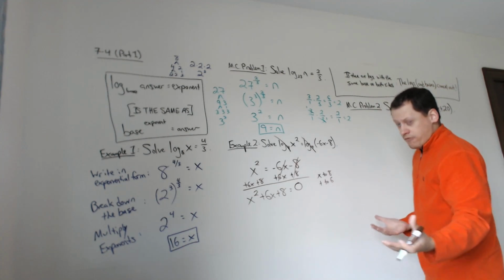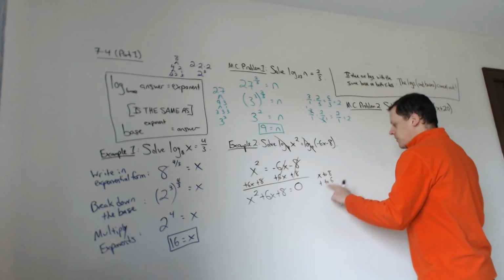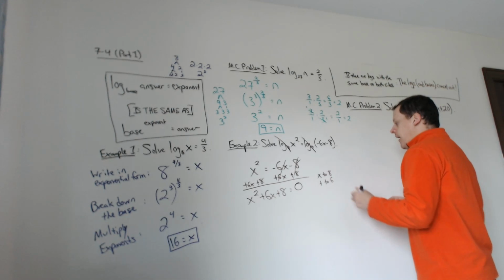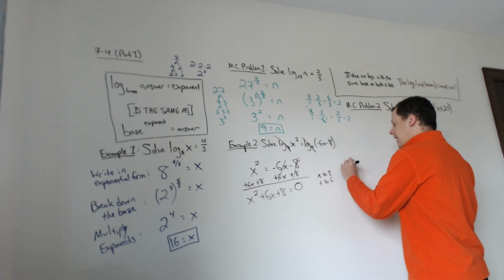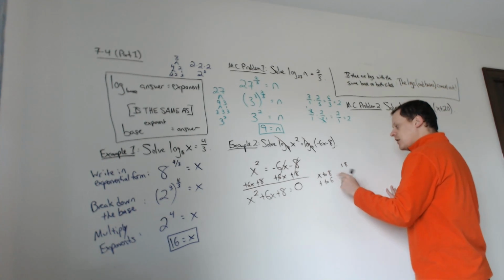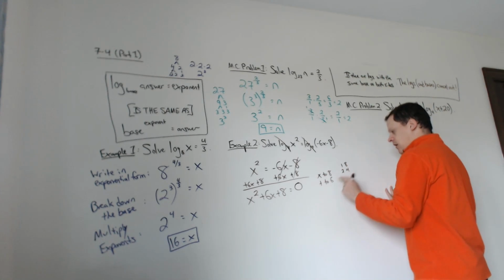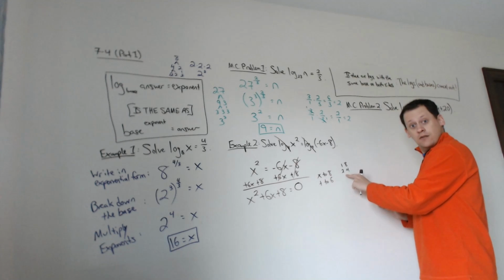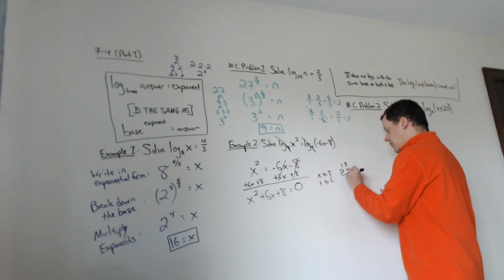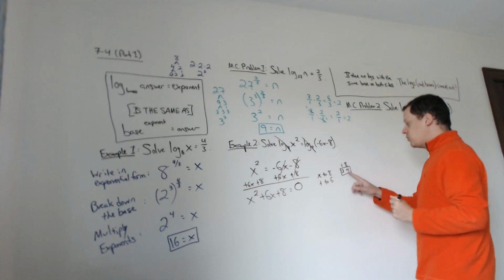Okay, whatever you're comfortable with. Two numbers that multiply to 8 and add to 6. We've got 1 and 8. That's not going to work. Other numbers that multiply to 8, 2 and 4. We need the numbers to add to 6. Hey, 2 and 4. Numbers are 2 and 4.